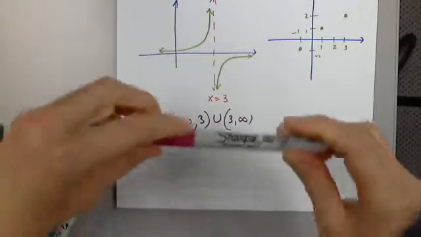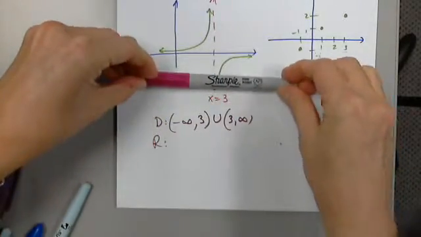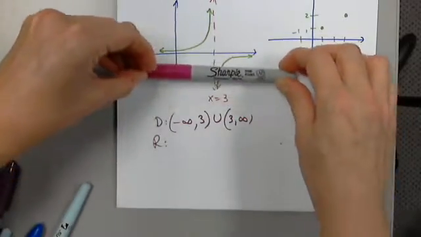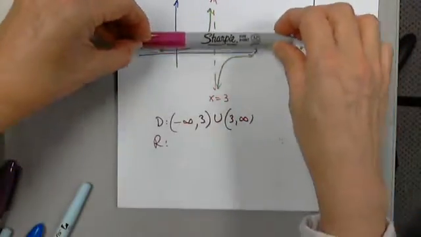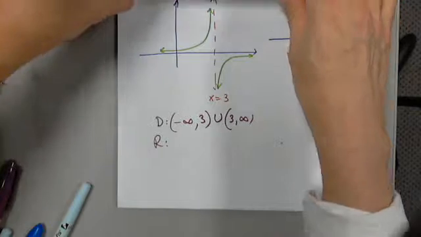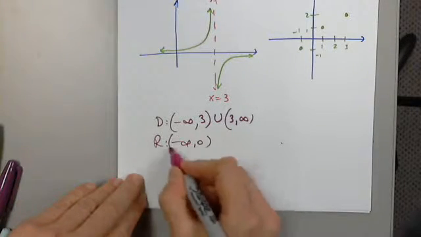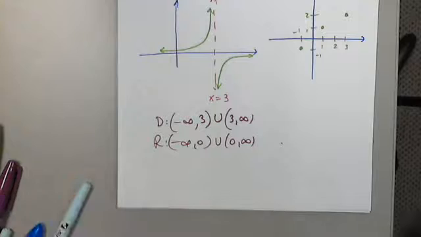In order to determine the range, imagine that we cut the function with horizontal lines from the lowest possible y value till the largest possible y value. Yes, awesome. Negative infinity to 0, union 0 to infinity. Do we all see and agree with the domain and range? Awesome. Thank you.